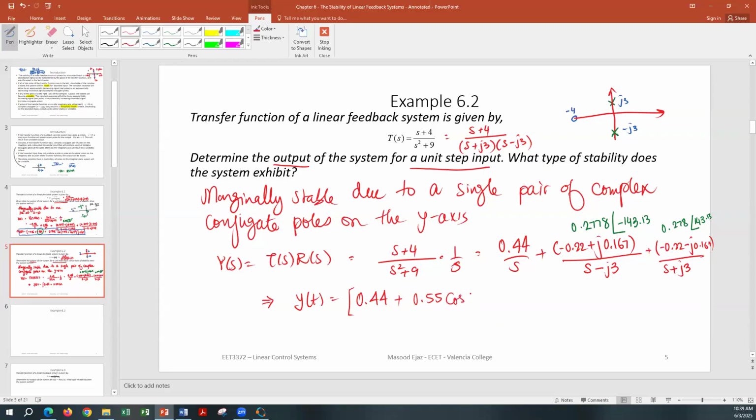Cosine of 3t minus 143.1, and that will be your result.